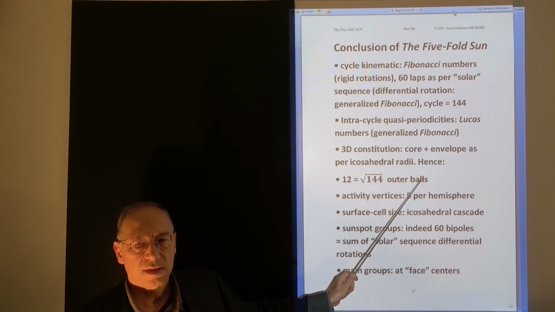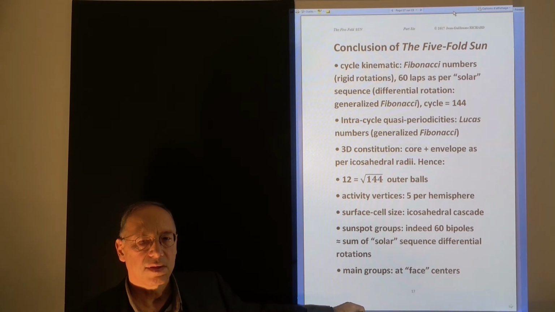This entails that the radial structure of the Sun can be reconstructed using 12 balls, so-called outer balls, which are tangential to the energy-generating core and tangential to the circumscribing photosphere, 12 happening to be the root of the number of rigid rotations, 144.